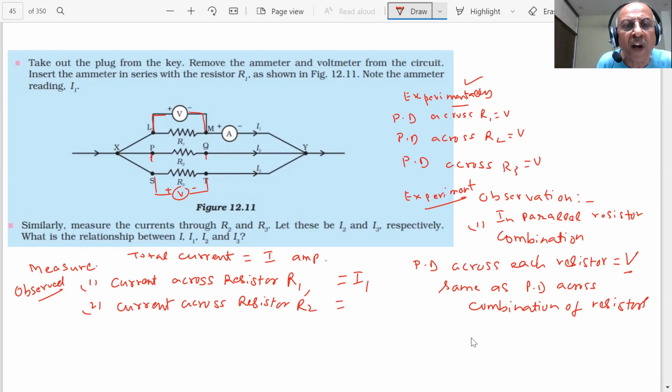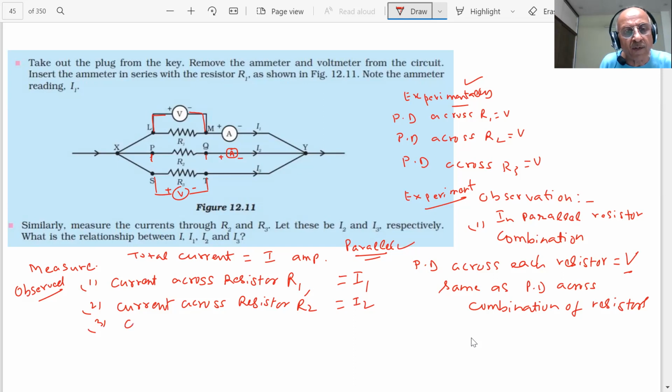I will remove this and put it here. This will give me the current through resistor R2. It was found to be I2. That is also different. Resistance is different, current is different. I am talking of a parallel circuit. What type of circuit is this? These resistors are attached in parallel, students, parallel.